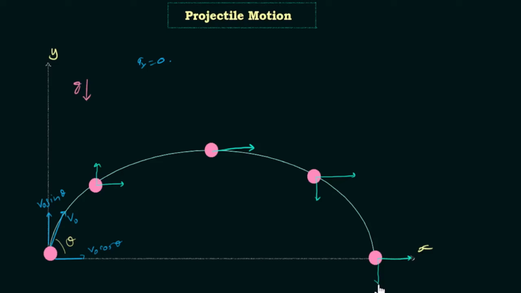That's how we can demonstrate the velocity vector during the whole projectile motion path. And also remember one thing: at the maximum height, the only velocity there will be is v naught cos theta.